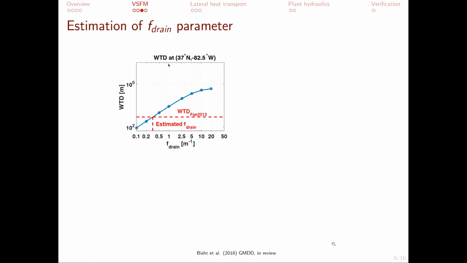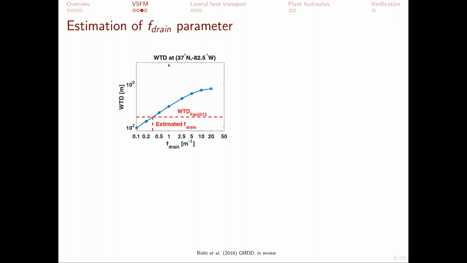So what we see is as the F drain value increases, the water table rises up into the soil column. The horizontal dashed line represents the water table depth that was provided in the Fan et al. dataset, and we linearly interpolated to get an estimate value of F drain.